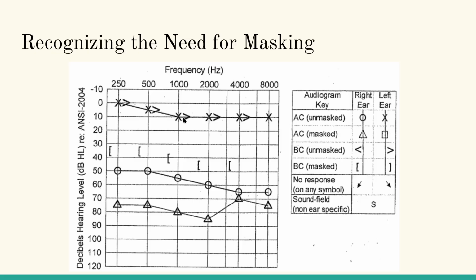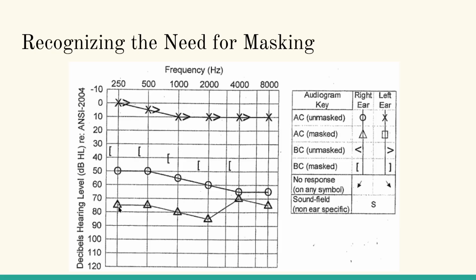That's a 40 dB difference at 1000 hertz. We need to mask for air conduction now. The difference between 50 versus 5 is a 45 dB difference at 500 hertz. We need to mask for air conduction. The difference between 50 versus 0 is 50, that's greater than 40, so we need to mask for air conduction.